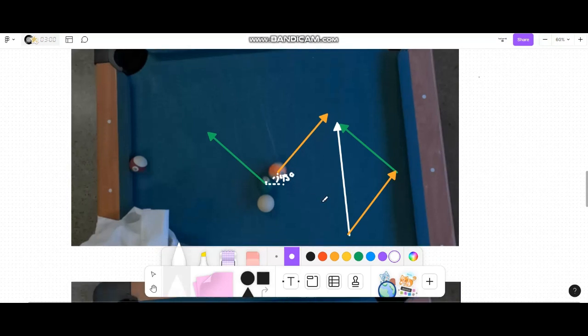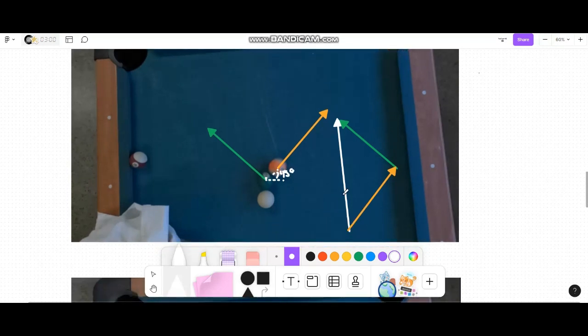If we put it in our momentum diagram, this is the momentum of the white ball, and then this is the momentum of the orange ball. And so this is going to be at 45 degrees here, 45 degrees, and that means this is going to be 45 degrees, because it's a 90-degree angle.